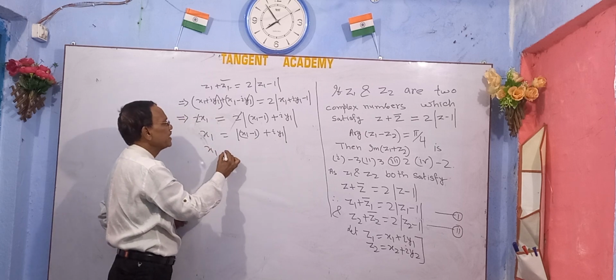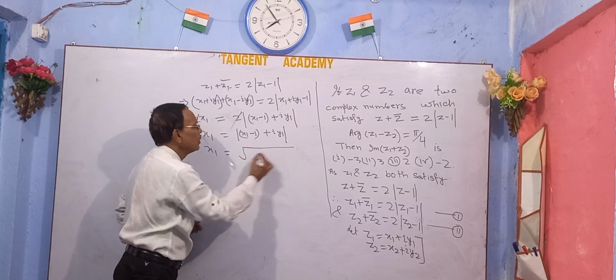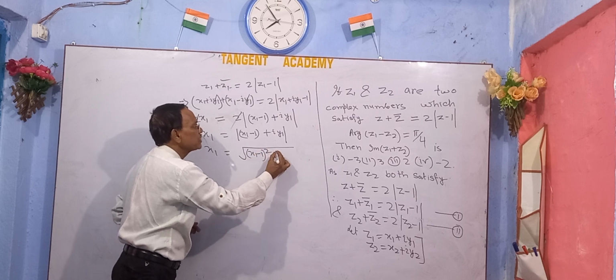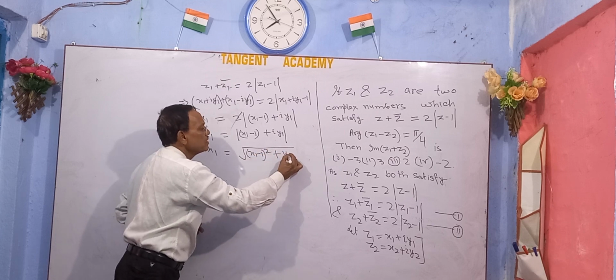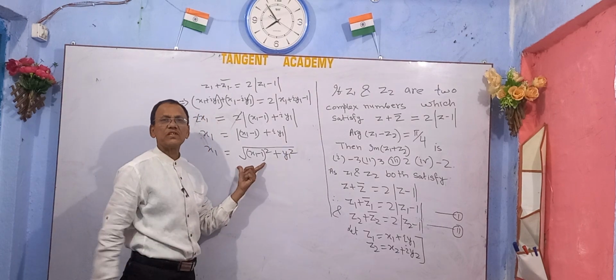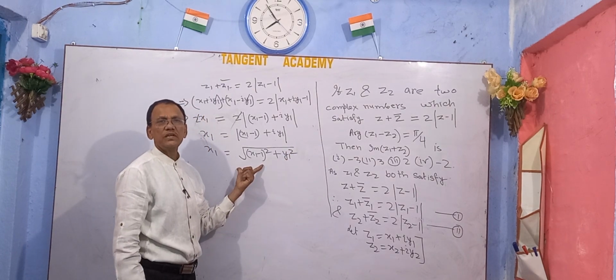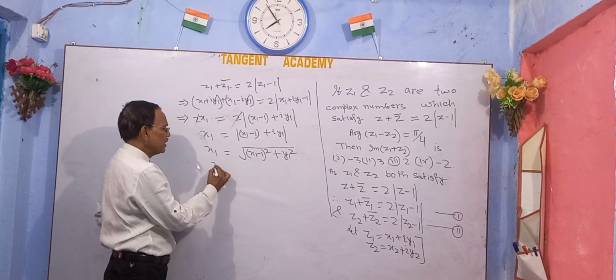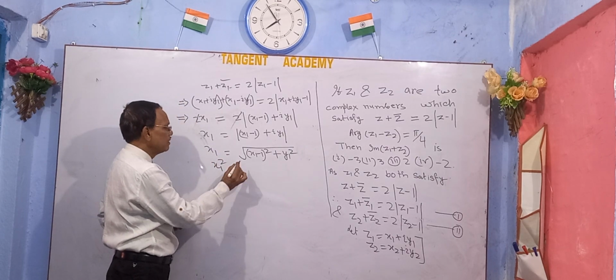So x1 will be written as under root of the real coefficient squared plus the imaginary coefficient squared, according to the definition of the modulus function. Now we will square both sides.